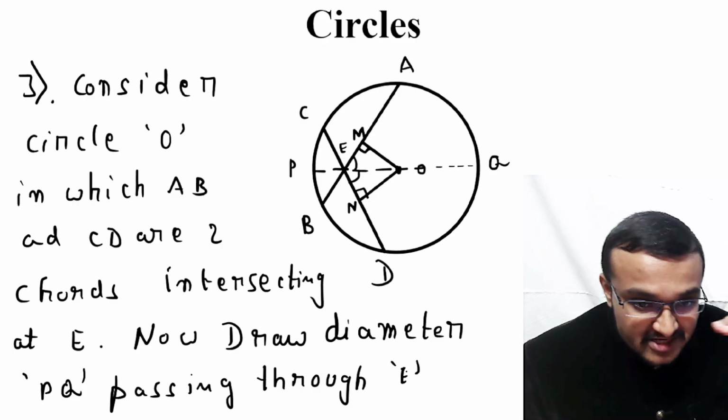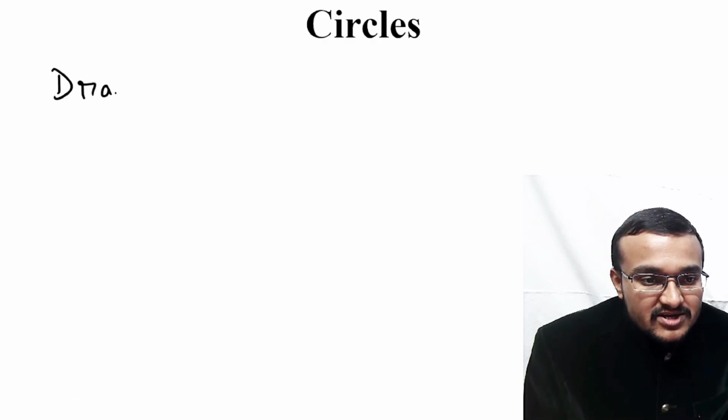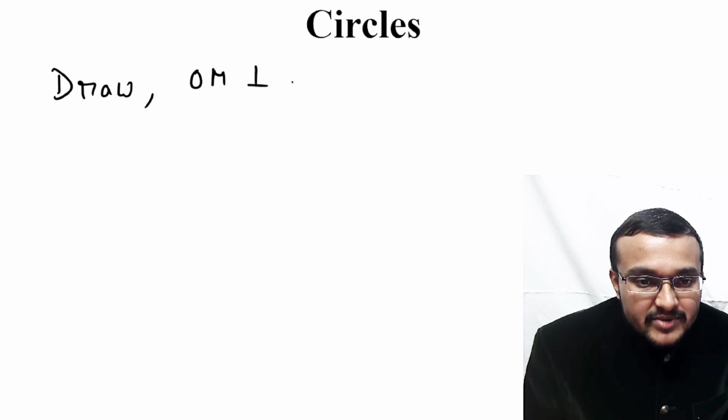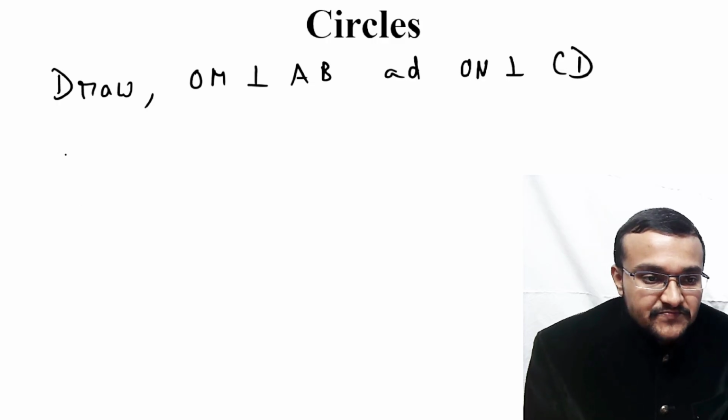But this particular diameter should pass through point E. Draw OM perpendicular to AB and ON perpendicular to CD.